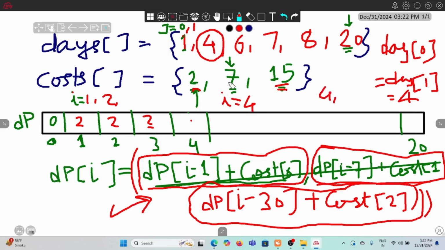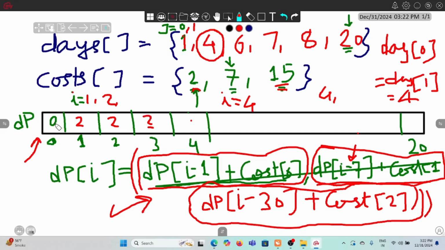Now if we pick the weekly pass, then 4 minus 7 would go negative. That means we are going till 0, because we just cannot go to negative values. So with dp of I minus 7, 4 minus 7 would be minus 3, which means we are picking the very first value, the 0th value, plus 7.